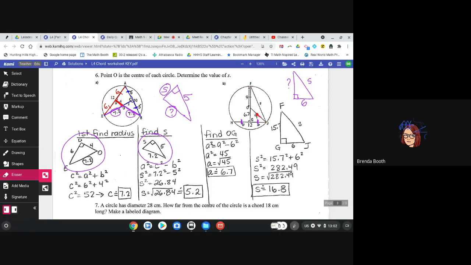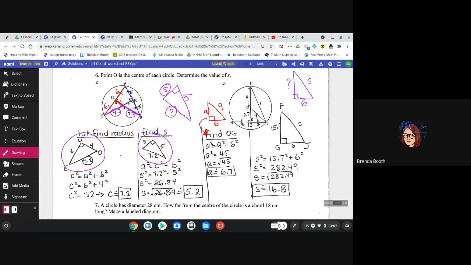All the radii in this circle will be 9. I'm going to pull this little triangle out. And this triangle I can work with. I know the 6 and I know the 9. And if I call this A, here's my work down here for finding A.